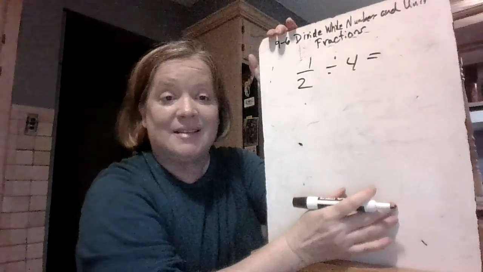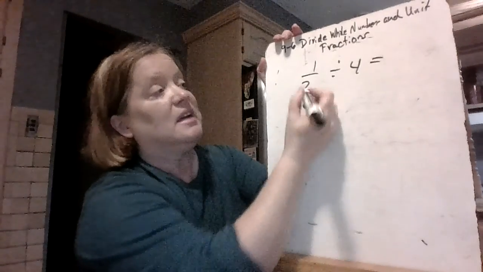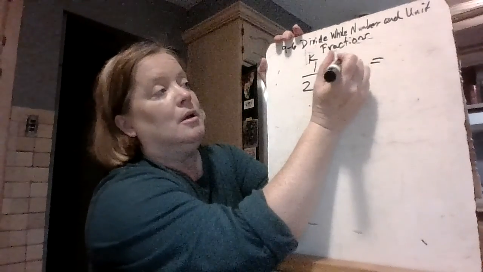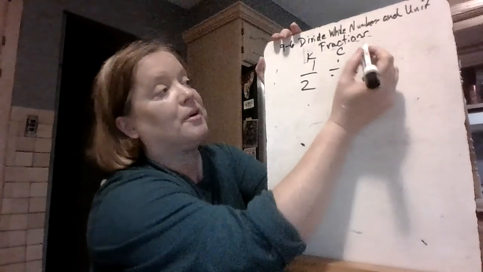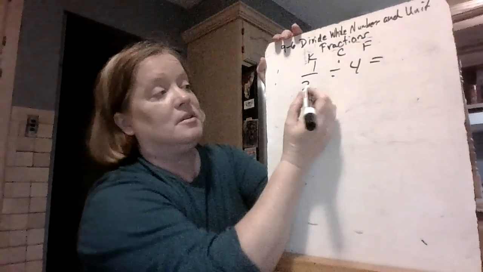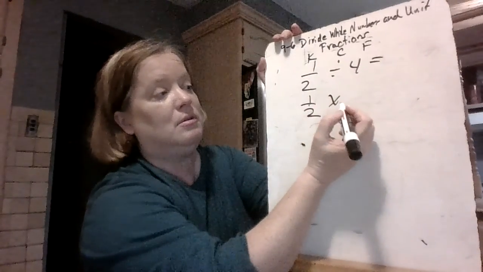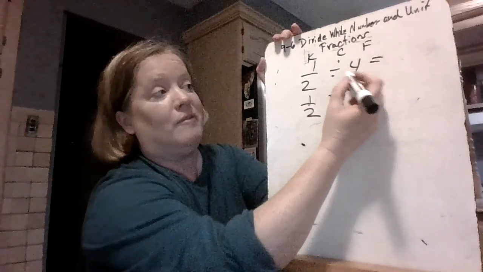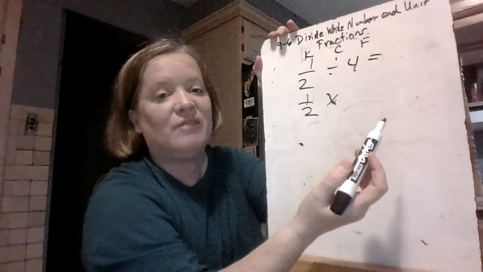Same thing, we're going to practice that algorithm first, which we've already done, so it's a little review. I'm going to keep the fraction, change the sign, and give the inverse of the whole number. So I'm going to flip this. I'm going to keep my 1/2 and bring it down. I'm going to change division to multiplication. Again, we can't divide a whole number by a fraction or a fraction by a whole number.